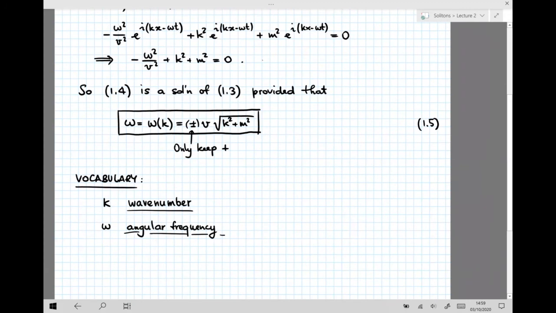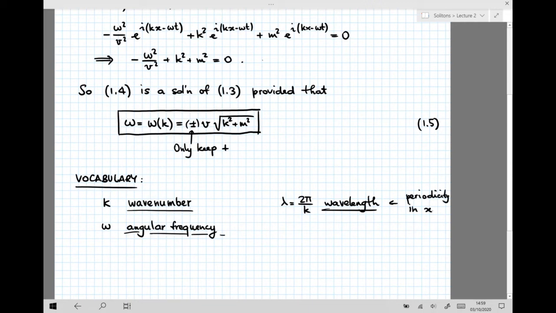And we define lambda, which is 2 pi over k, as the wavelength of the plane wave. That's the periodicity in x.